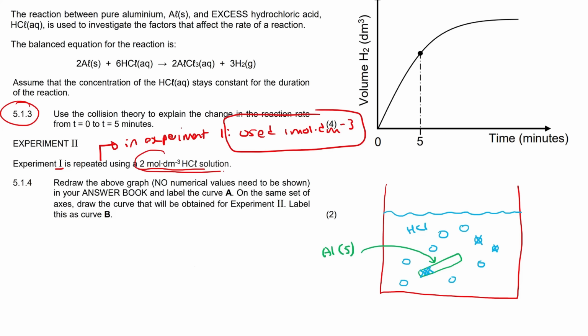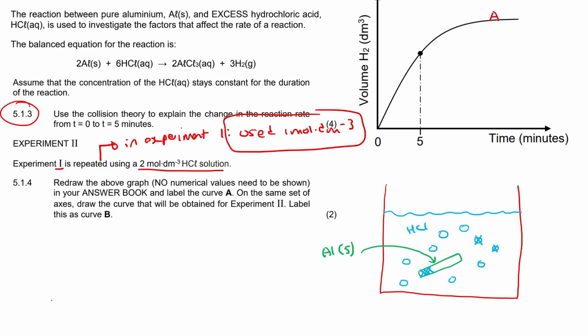Now we're going to use 2 mole per decimeter cube, so it's more concentrated for the HCl. Redraw the above graph in your answer book and label the curve A. On the same set of axes, draw the curve that will be obtained for experiment 2 and label that as curve B.